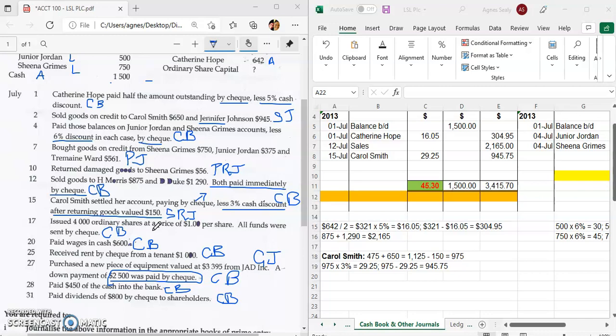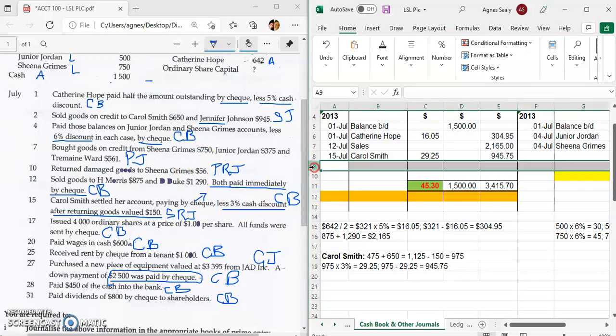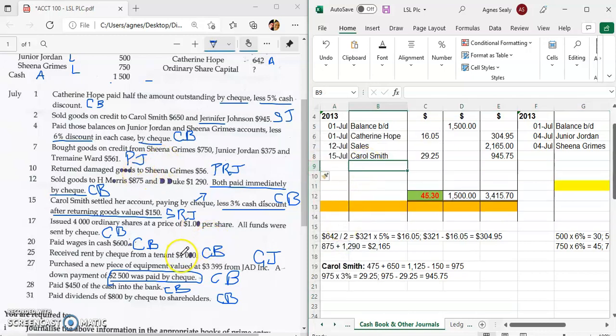In this particular transaction, we're going to be doing a series of calculations in order to determine what we are supposed to record. First of all, they are issuing the shares at $1 per share.